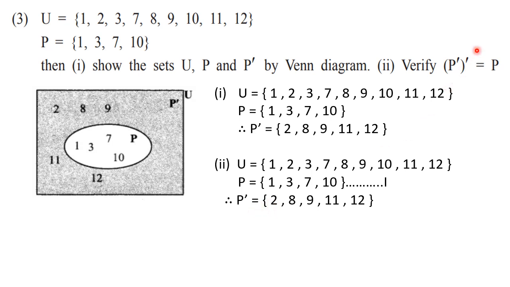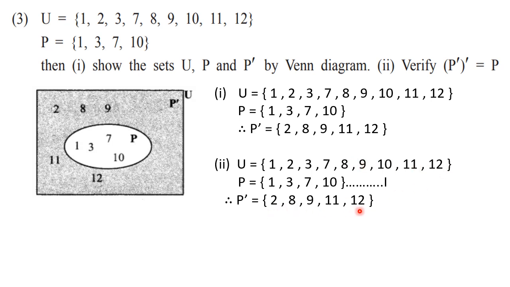Now you have to write down complement of P dash. That means P double dash we need to find out. Complement of these. That means elements of U which are present here in U but not in P dash. Okay, so you will not write elements 2, 8, 9, 11 and 12.